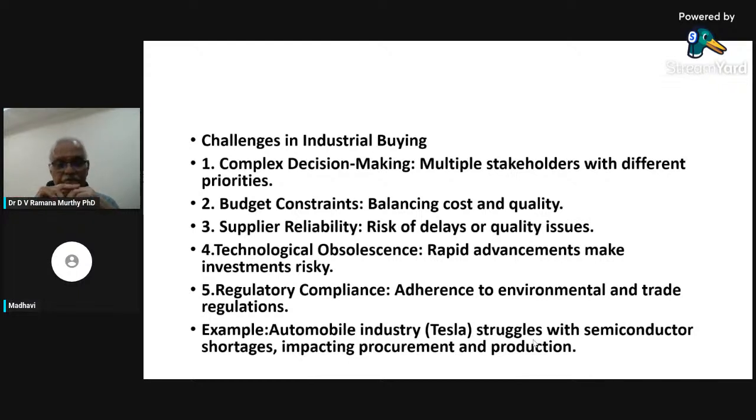Fourth one, technological obsolescence. See, with the fast-paced technology today, manufacturing processes undergo change. If you can't find a good supplier who can give you up-to-date supplies, then investments will be very risky, because there are rapid advancements that take place in the market.